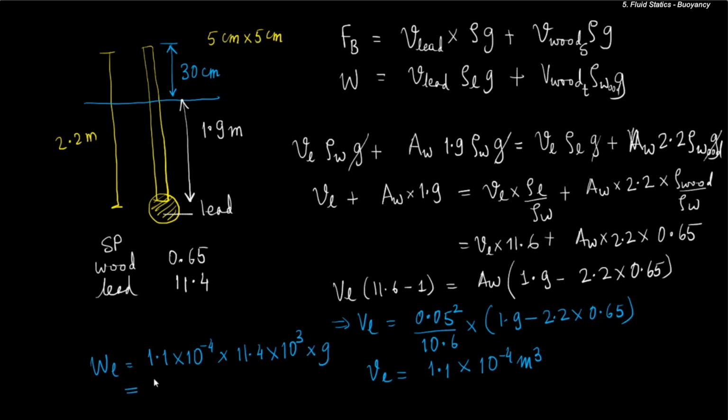And this comes out to be 12.4 Newton. So the weight of lead that needs to be attached at the end of the rod to make it float 30 centimeters from the surface of the water is equal to 12.4 Newton.